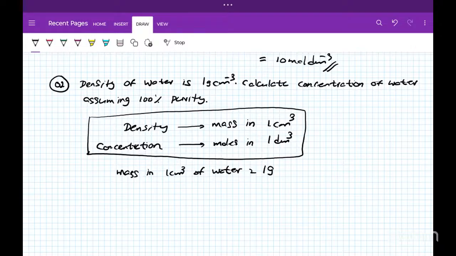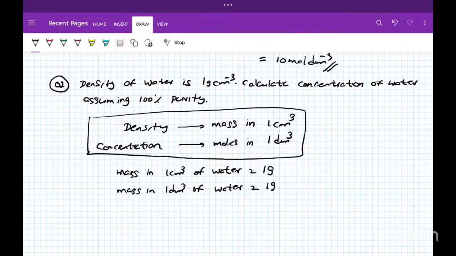So I can convert this into mass in 1 cubic decimeter of water.